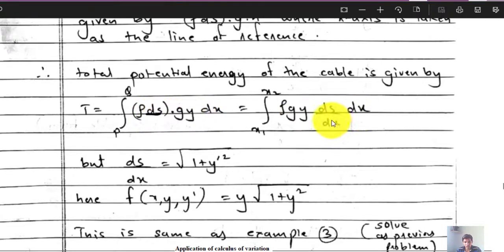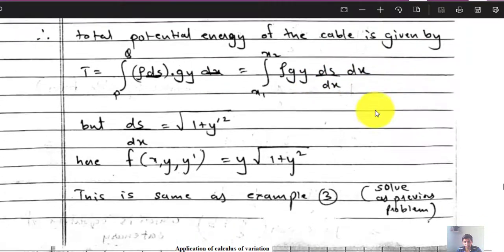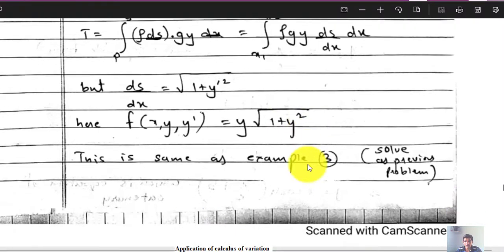So what I do is this: ds by dx is the square root of 1 plus y prime squared, where y is a function of x, so the integrand becomes y times the square root of 1 plus y prime squared.